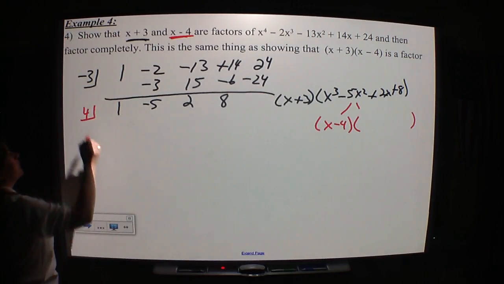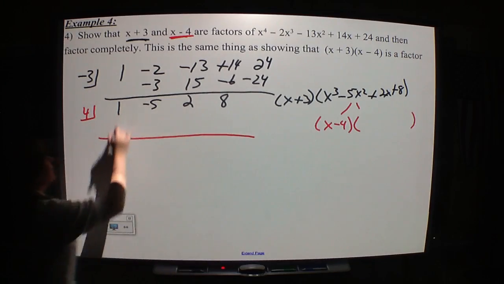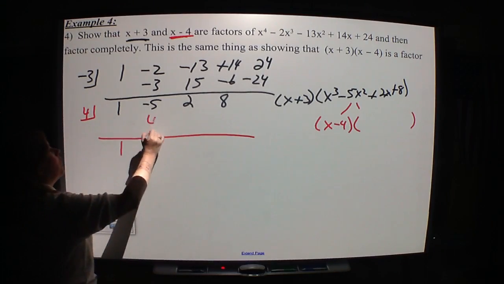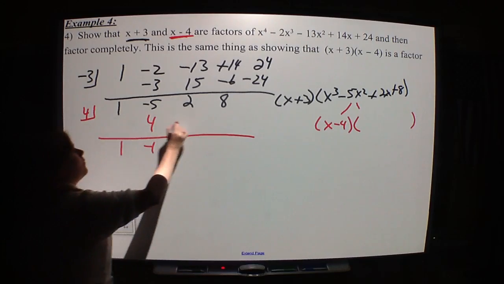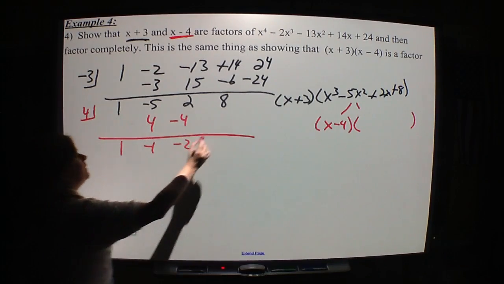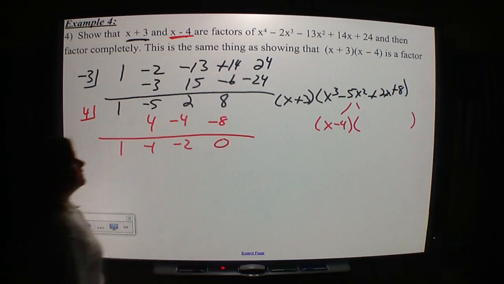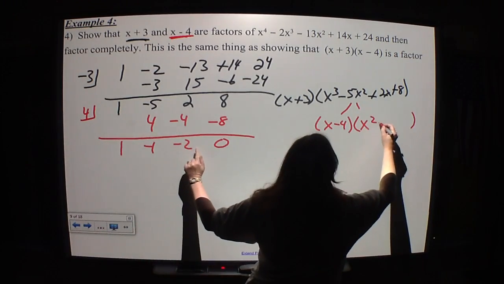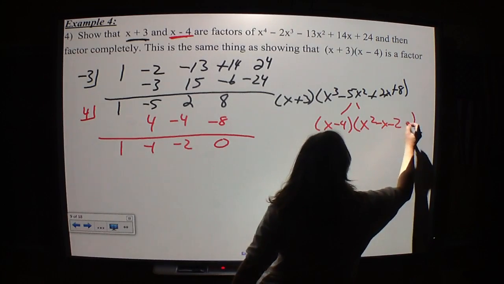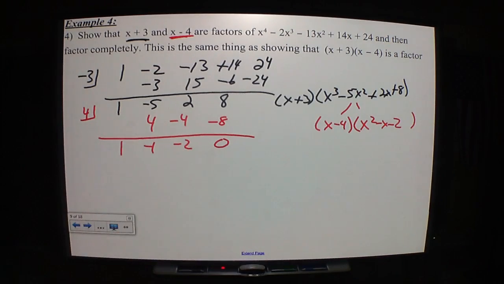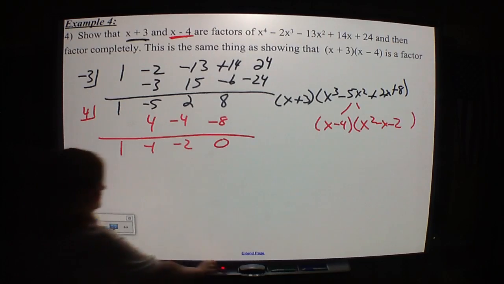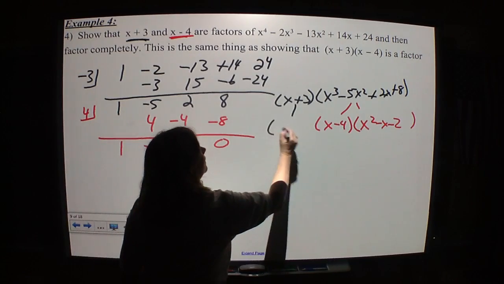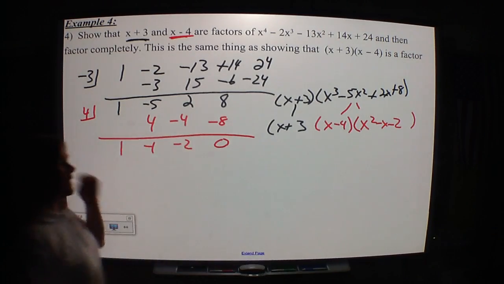Minus 4 will be a plus 4 there. Bring down your 1, 4, add, multiply, add, multiply, add. So now I'm at x squared minus x minus 2. So it's like a big factor tree.